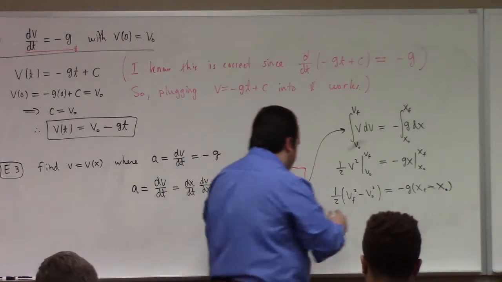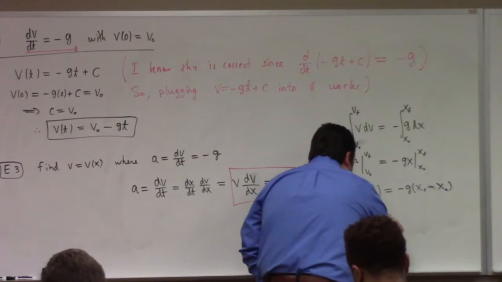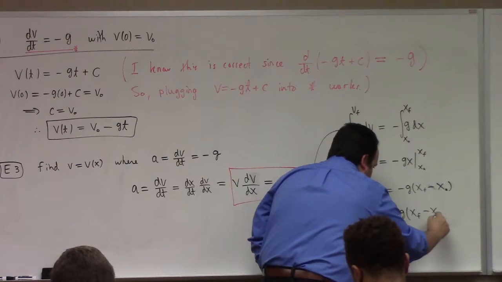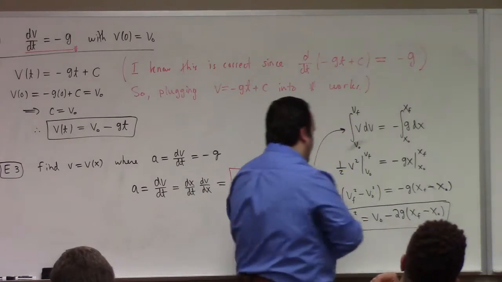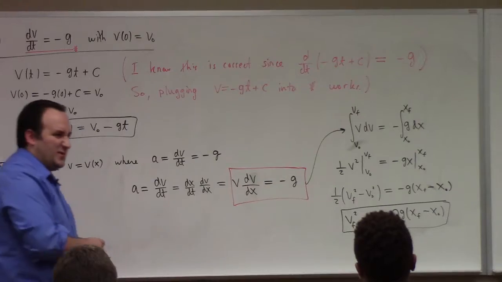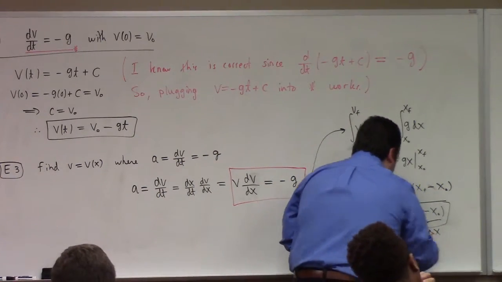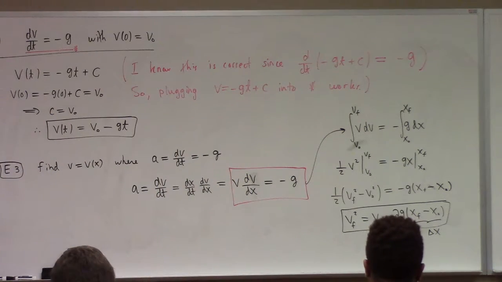We'll solve for vf, usually what we do. So vf squared equals v naught squared minus 2g times xf minus x naught. You might recognize that formula. Sometimes we write that as a delta x in 231, you know? Maybe you recognize it that way or with a delta y. That's the timeless equation, as we usually call it, right?